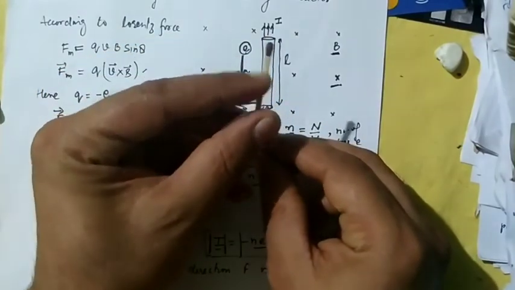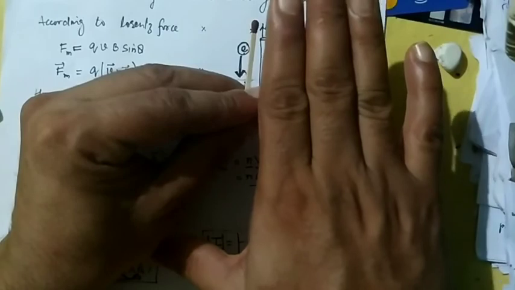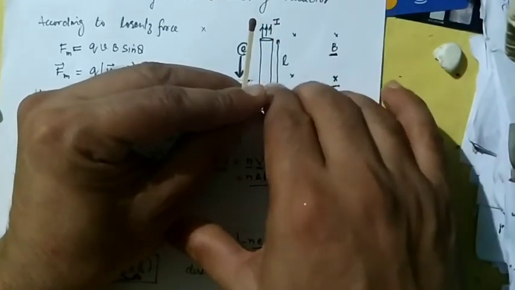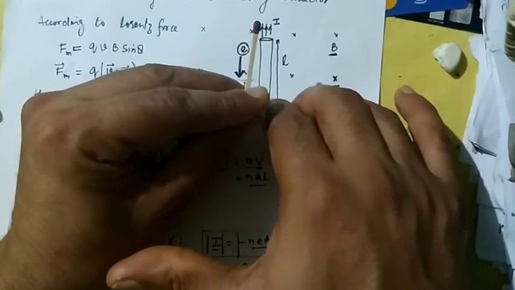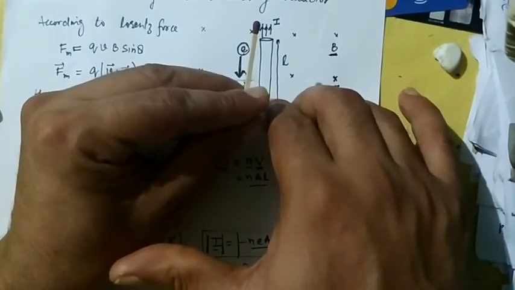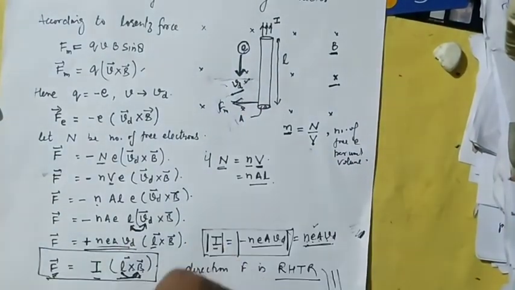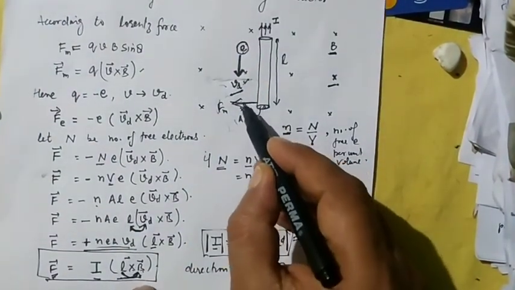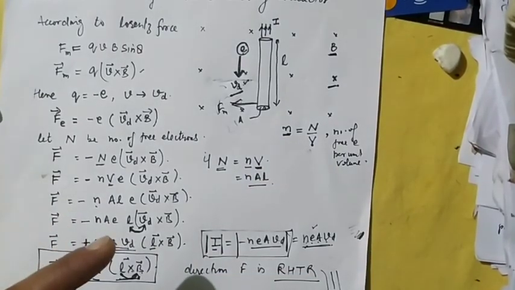Rotate the fingers from length to magnetic field with the shorter angle, and the thumb is pointing along the left hand direction. So the magnetic force will be along this direction. This is how we can find out the direction of magnetic force on a current carrying conductor.